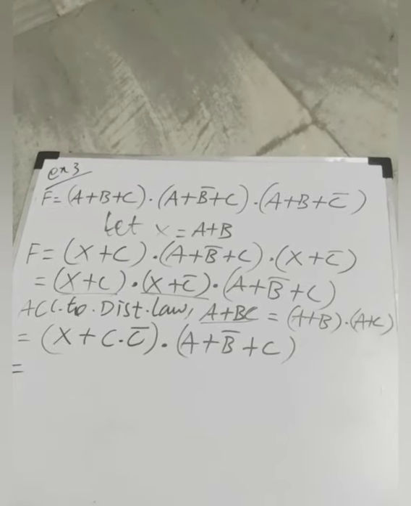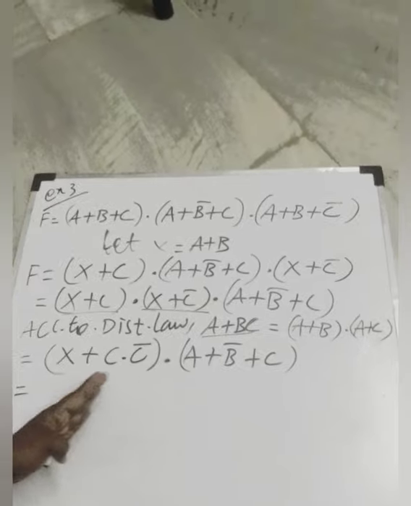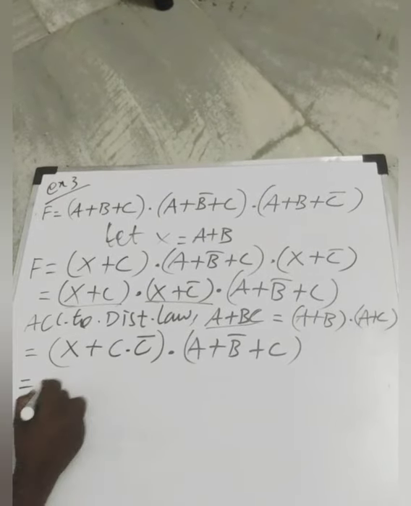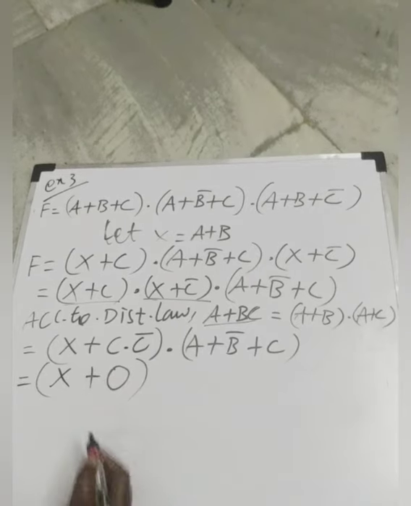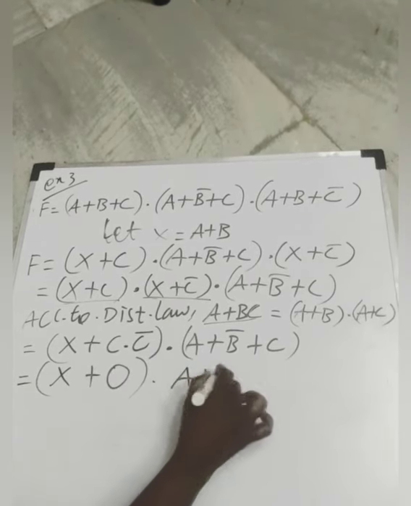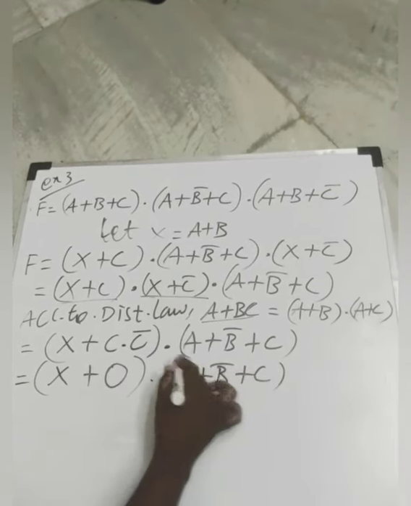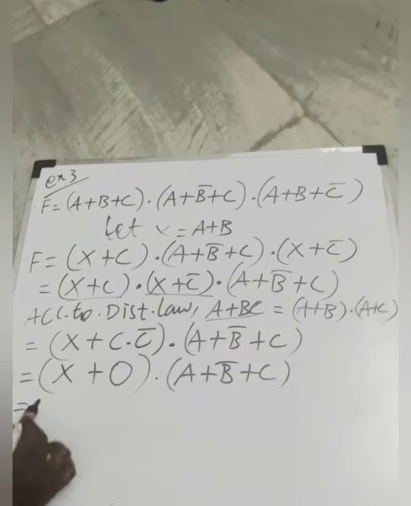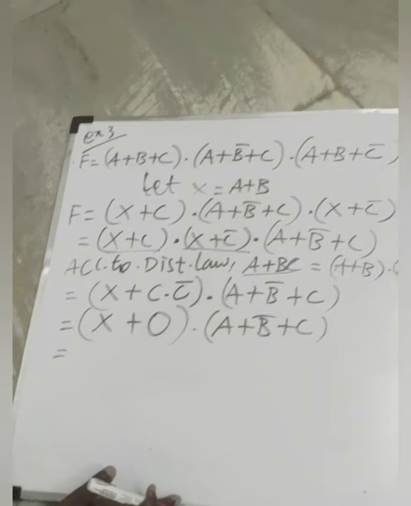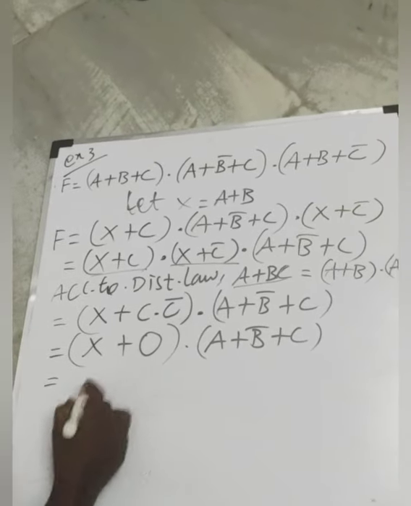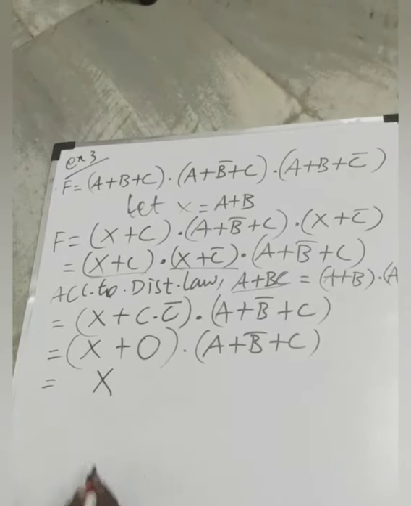And we know that c and c̄ give 0, and this term stays as it is, as per the OR rule. So x + 0 gives x only.